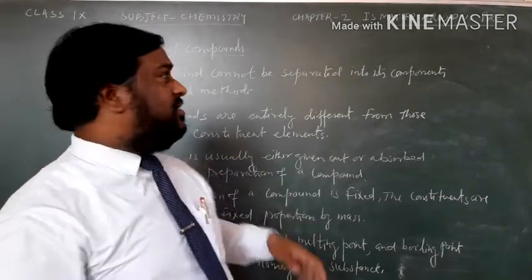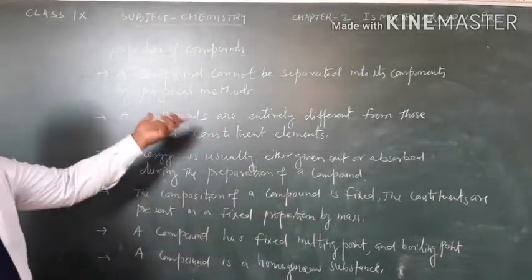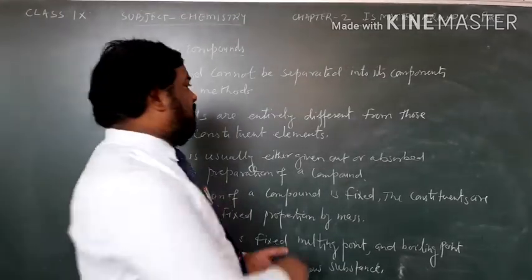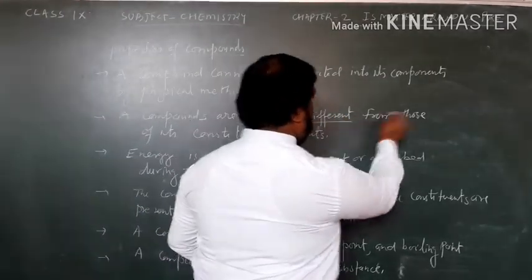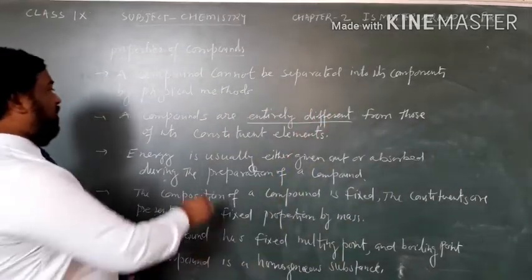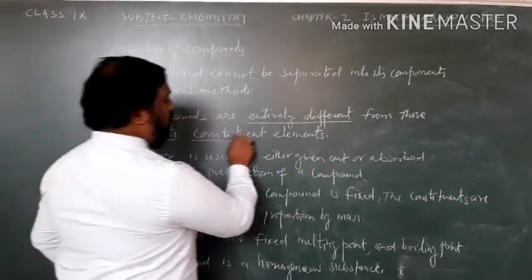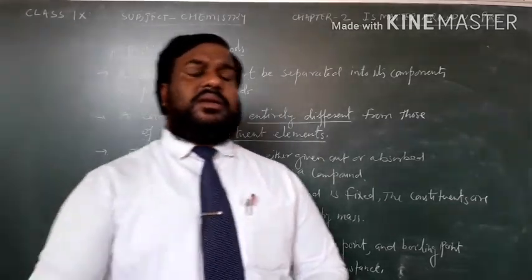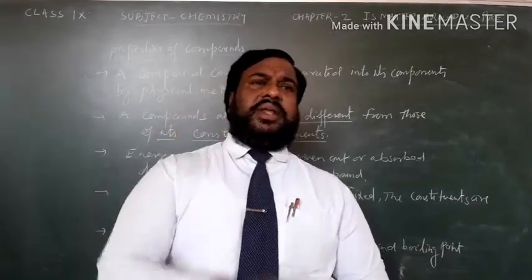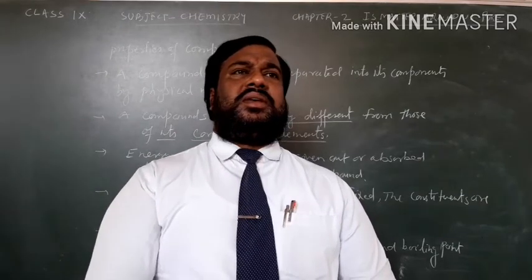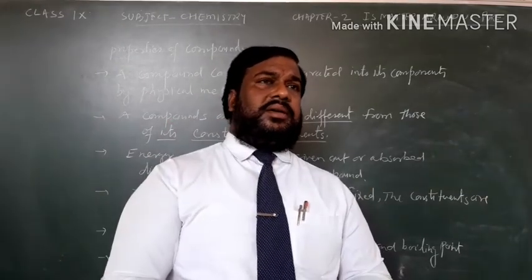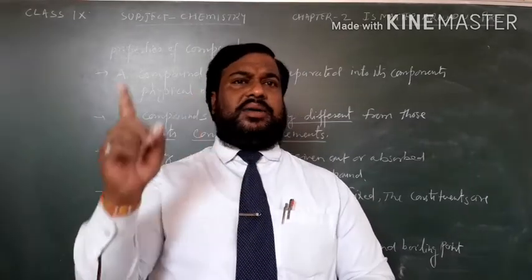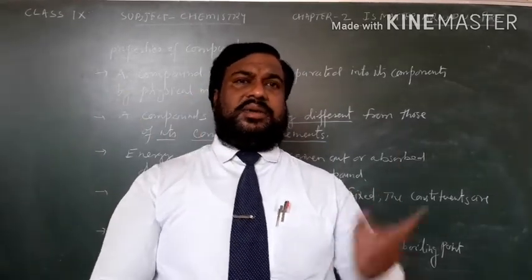Now second, a compound is entirely different from its constituent elements. For example, ammonia. Ammonia has two components, one is hydrogen, another is nitrogen.